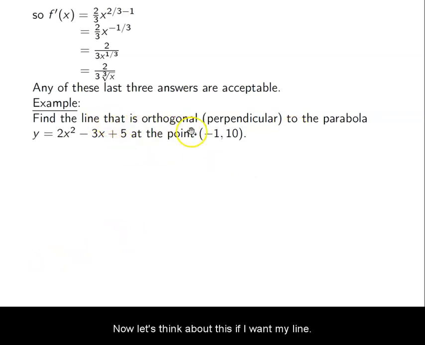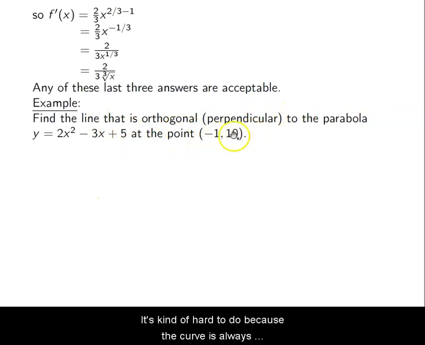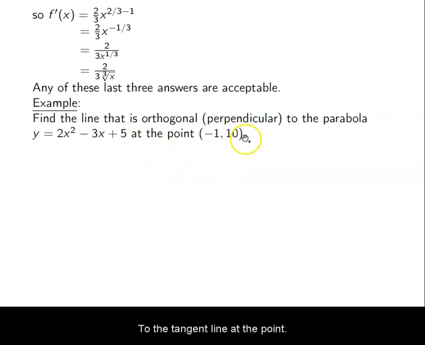Now let's think about this. If I want my line to form a right angle with a curve, that's kind of hard to do because the curve is always changing. So what we need to do first is find the equation of the tangent line and then find the line that is perpendicular to the tangent line at the point that's given to us, because then it'll be perpendicular to our curve.